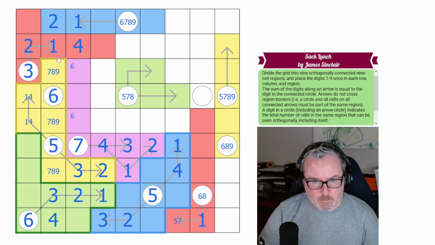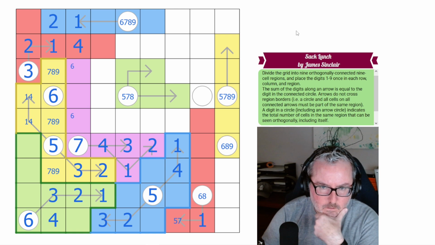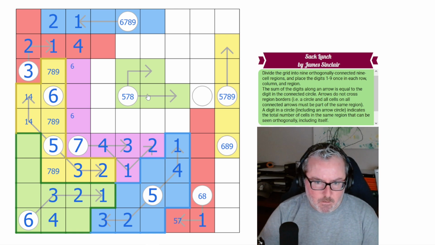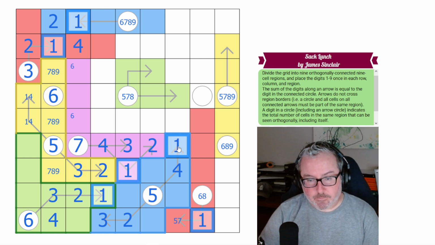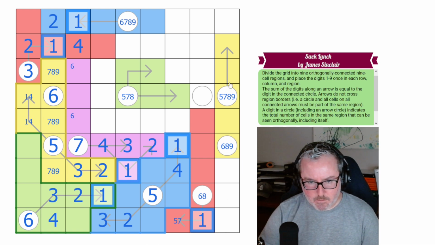Yeah, it looks like... Is there anything further with ones? Because we have a lot of those. We know one of these is a 1. There has to be a 1 in this column, and this column.